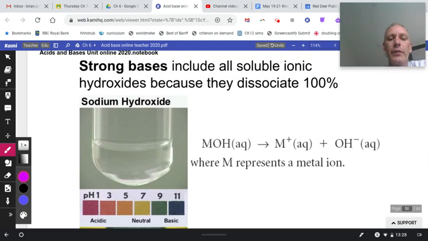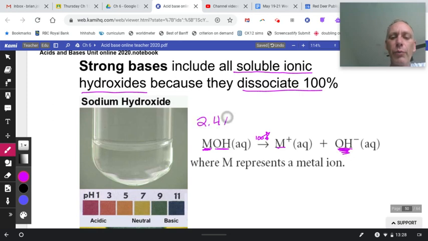Okay, bases. So strong bases are any soluble ionic hydroxide. And the reason is they dissociate 100%. So they all start with an ionic metal and a hydroxide. It dissociates 100%, so we get our metal ion, and this is what we're after, our hydroxide.